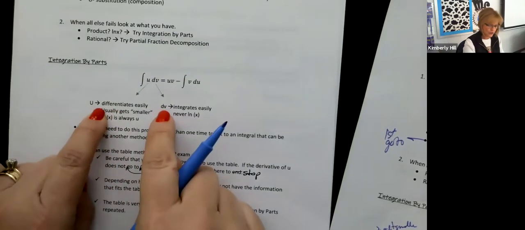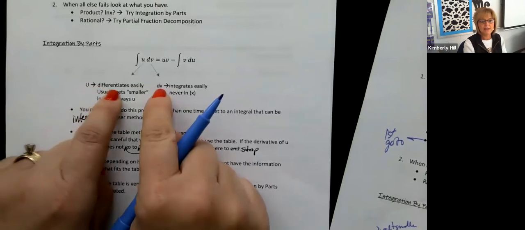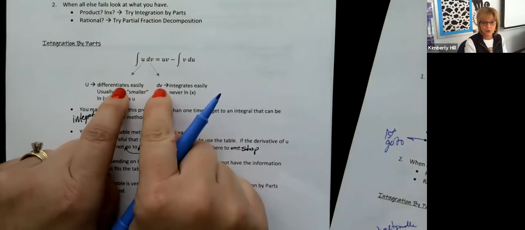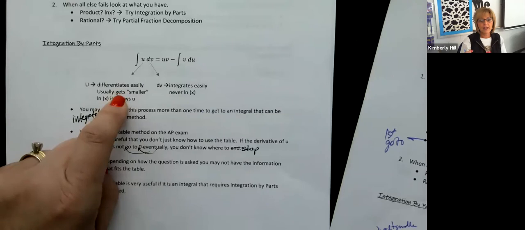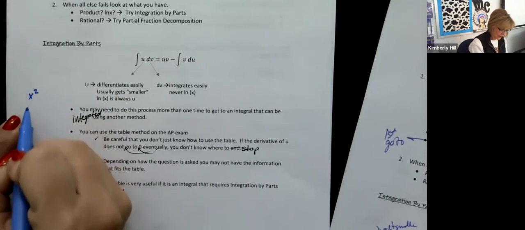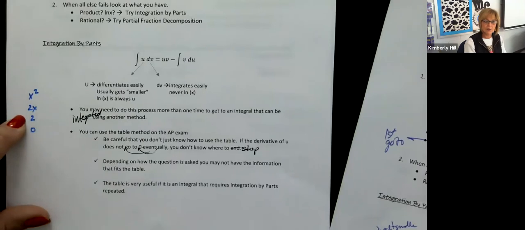When you're picking your U and your DV, what you hope happens is that whatever you pick for your U is easy to find the derivative of. It differentiates easy. You usually want it to get smaller. For example, if you're choosing between x squared and sine of x, if you choose x squared and you keep finding its derivative, it's getting smaller and eventually goes to 0.